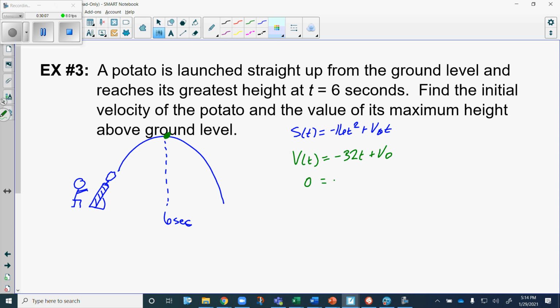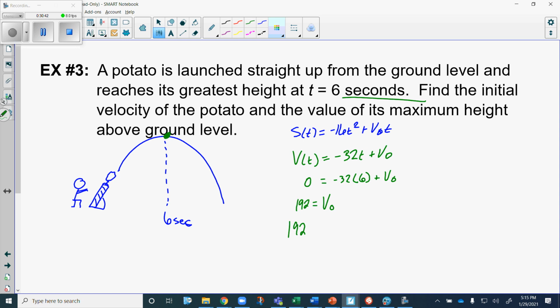So we can say negative 32 times 6 plus v naught, and 32 times 6 in this case is going to be 192, so 192 will be equal to v naught. So we would say 192, and what are we at? Feet. Is that where we're at? Feet? I know 6 seconds. I don't think it gives me.